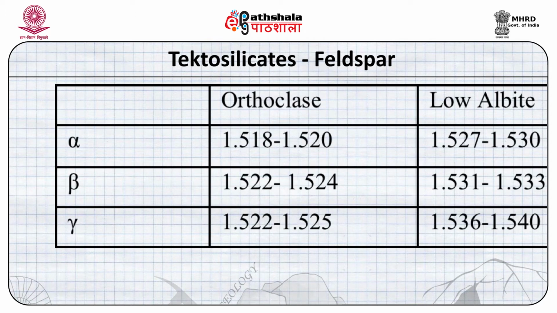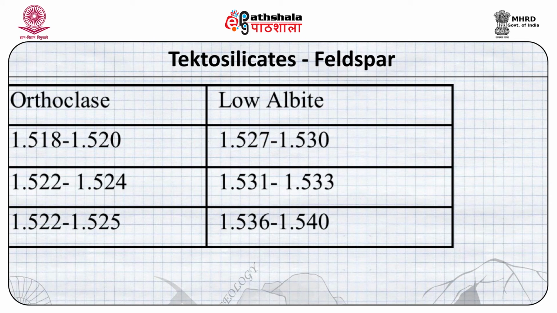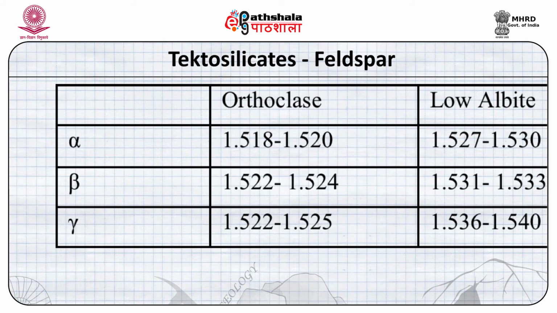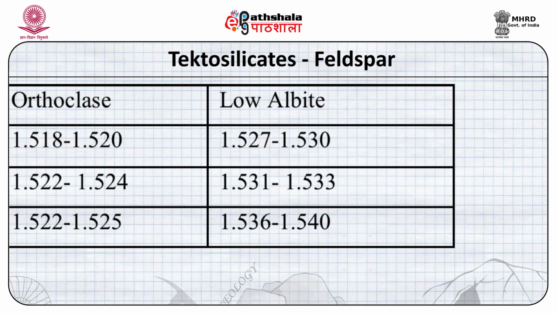So, the alpha is 1.518 to 1.520 for orthoclase, whereas it is for low albite 1.527 to 1.530. For orthoclase beta is 1.522 to 1.524, whereas it is 1.531 to 1.533 for low albite.